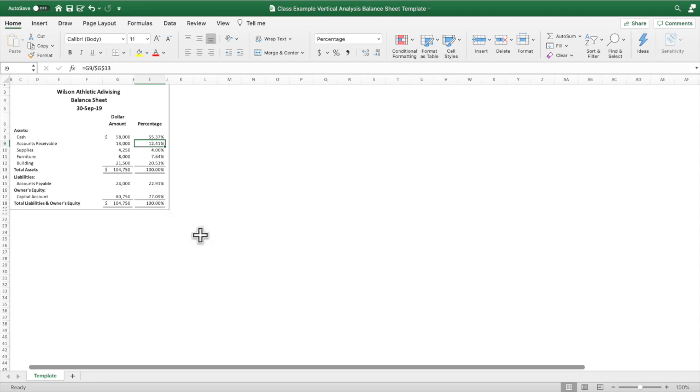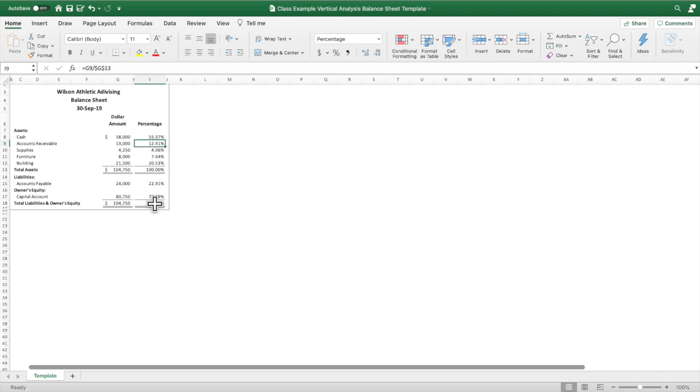So what we're going to do in the vertical analysis is take the percentage. You'll see the percentage is displayed adjacent to each account balance. And how we calculate it is by dividing the respective balance by the base figure. So the base figure within the balance sheet is total assets or total liabilities plus owner's equity.